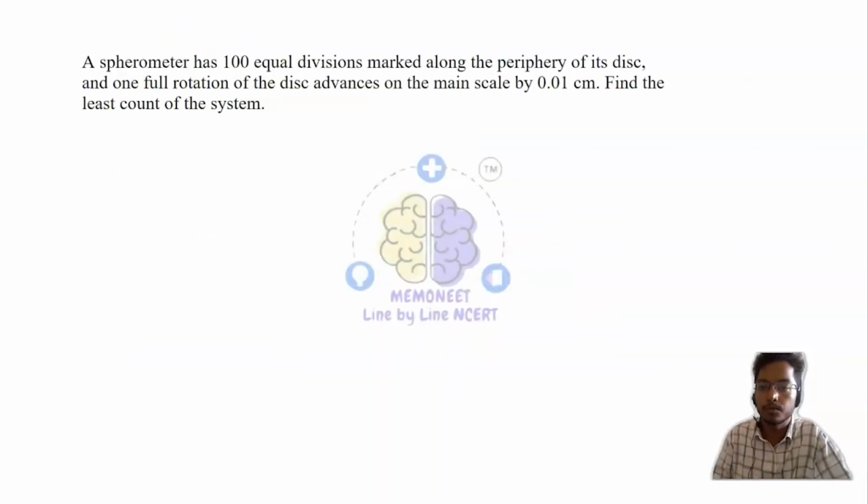We have a spherometer that has 100 equal divisions marked along the periphery of its disc. One full rotation of the disc advances on the main scale by 0.01 centimeter. Find out the least count. So here the pitch is equal to the total distance moved in one single rotation, that is 0.01 centimeter. So this is the pitch. So what will be the least count?